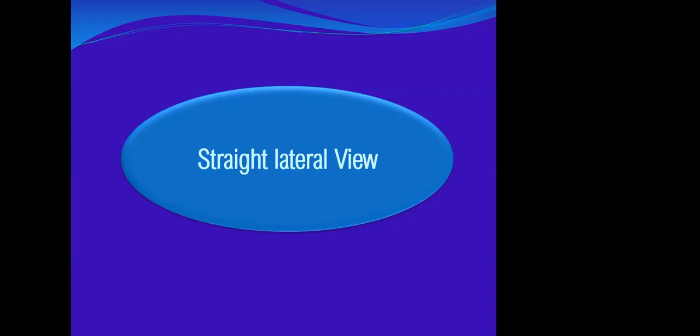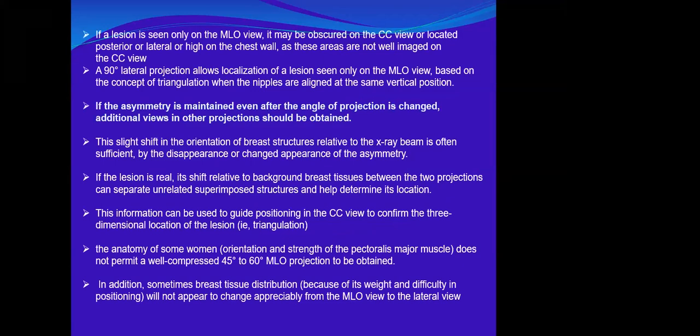In the CC view, the posterior, lateral and superior breast are commonly missed areas, while in the MLO, the posterior medial can be missed.